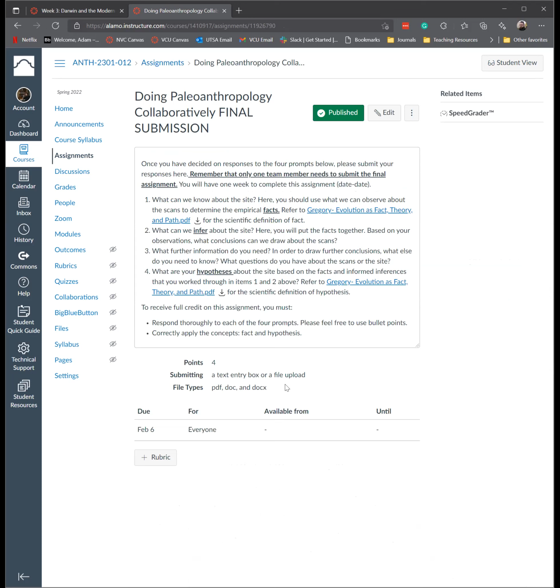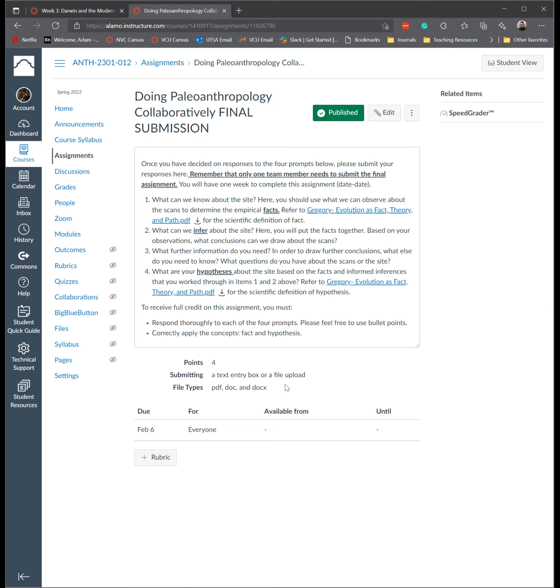And if you are not participating in that, you will also not get credit for this part of it. If you have a 0 or incomplete on the discussion portion of this assignment, you will also get an incomplete on this portion. Only the people that are participating on your team will actually get credit for it.